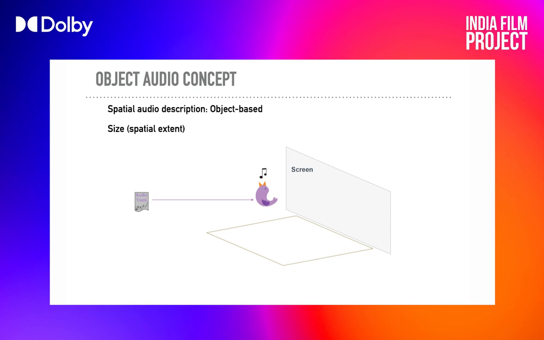Essentially, the whole idea is to have a format which enables you to recreate the entire audio experience like you hear in real life. In real life, every sound that you hear around you always originates from a singular point source, and that is exactly what the concept of object audio tries to recreate.